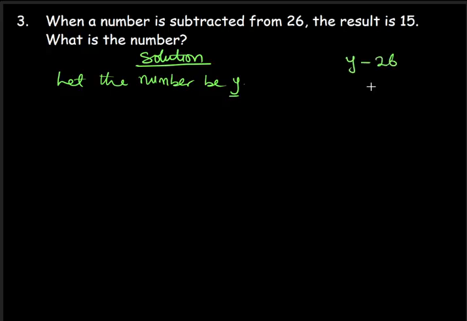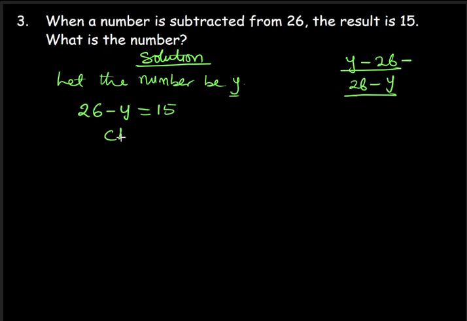Y minus 26 and 26 minus y. The first one tells us that 26 is removed from y. This one is y, which is our number, subtracted from 26. So y is removed from 26. Please take note of the difference. Subtracted from the original number, so that means the original number is 26. Then we are subtracting, that means we are removing y from it.